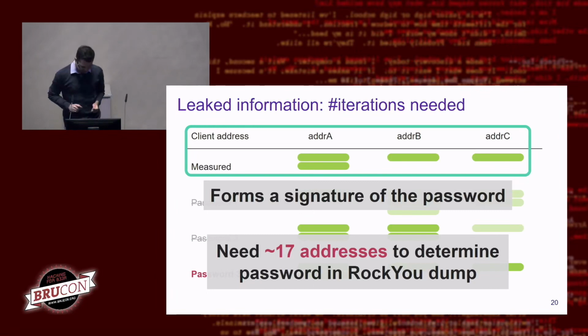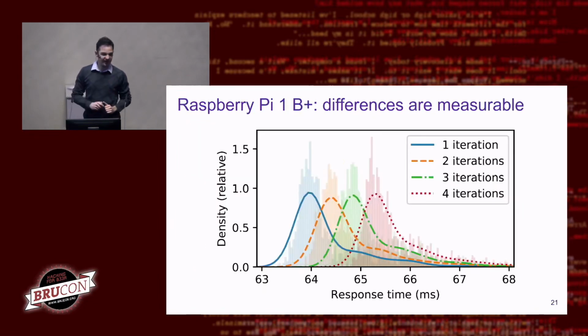Okay, so we have now almost completely covered this initial attack. There is one thing I didn't explain yet, and that is whether it is actually feasible in practice to measure how many iterations the access point needs. So we decided to test this out in real life, and what we did is we took a Raspberry Pi 1B.